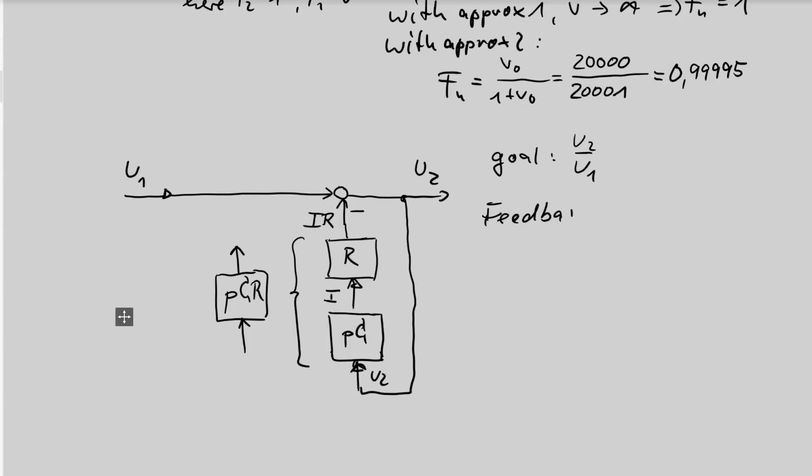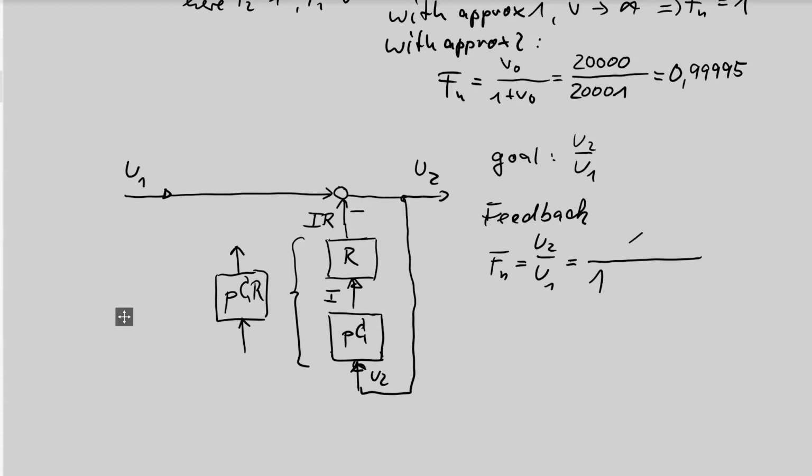I can say, okay, F new as a voltage gain, U2 over U1, the feedback rule is a division line with a 1 in the denominator. Always this is fixed. If I detect a feedback structure, then this is the first step that I can write down: the direct connection from input to output. It has no block.